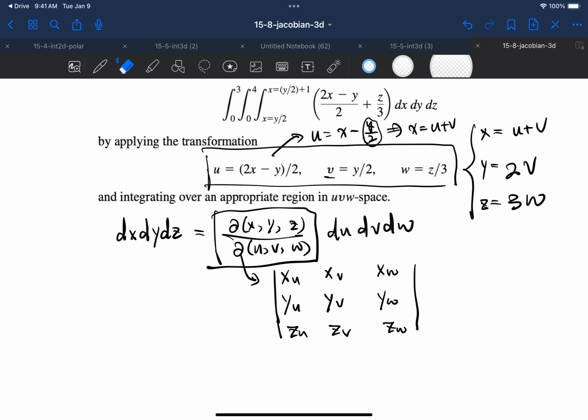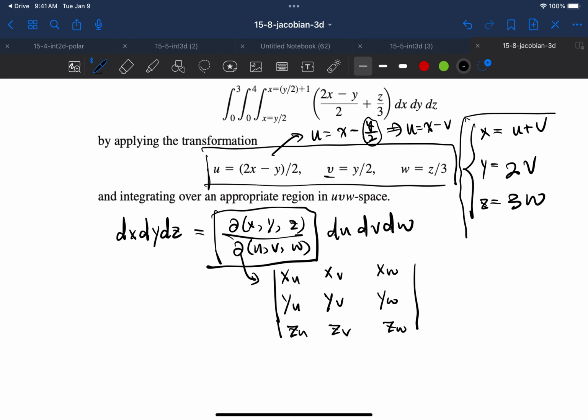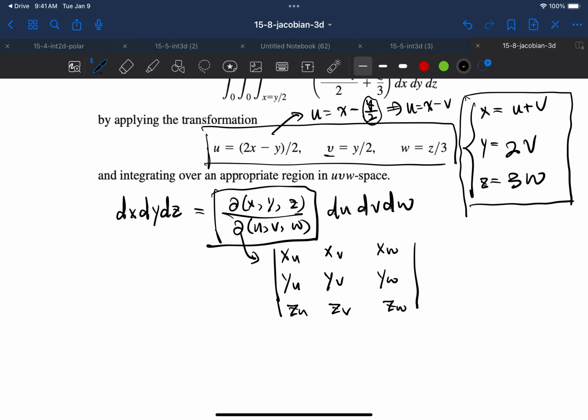Or maybe I can rewrite that. So u equals x, and y over 2 is replaced by v. So that gives me x, y, z as a function of u, v, w. Now from here we can write this Jacobian. So what is xu? Then we can look here. The u derivative is 1, and xv is 1, and xw is 0, and yu, yv, yw, and zu, zv, zw, which is 3.